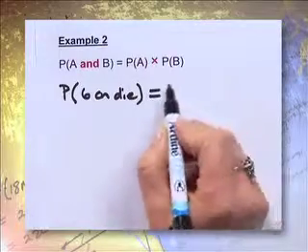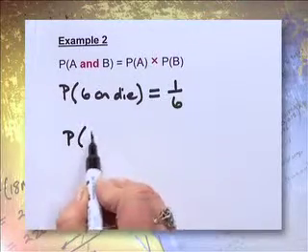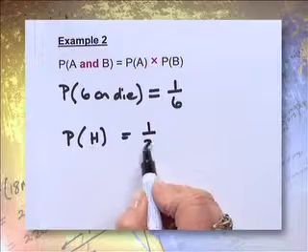The first one is the probability of getting a 6 on the die. That is 1 over 6. Remember, there are 6 numbers on your die. And the second event is the probability of getting a heads when tossing a coin. A coin has got two sides, so what's the probability there? It is a half.